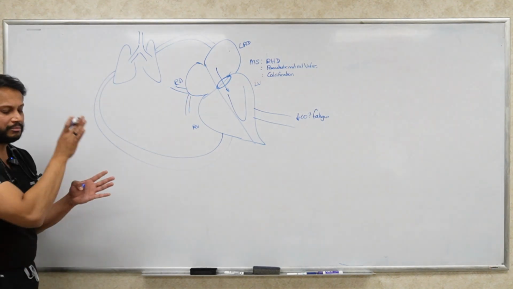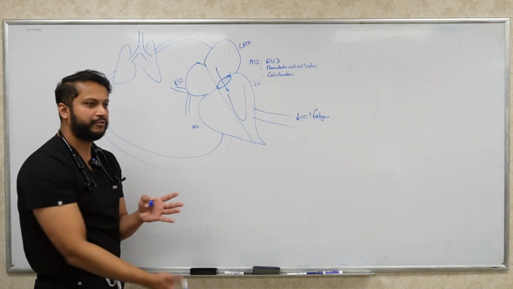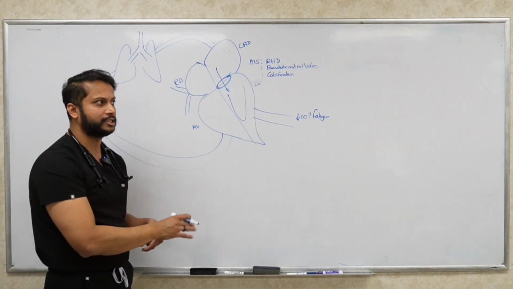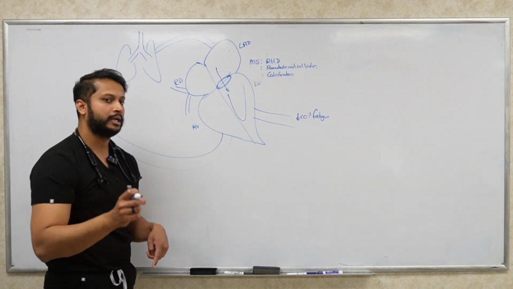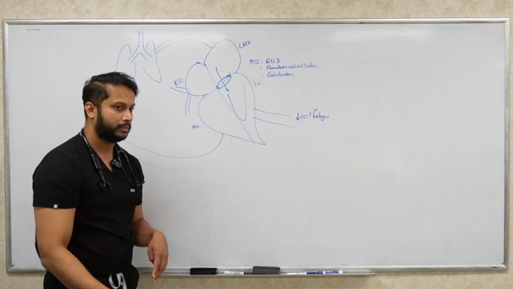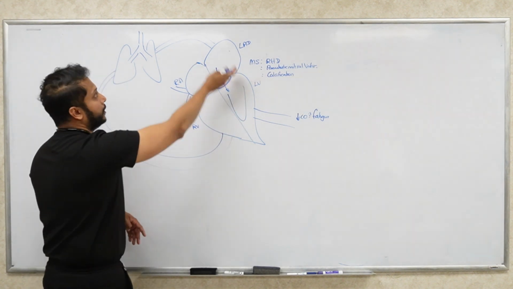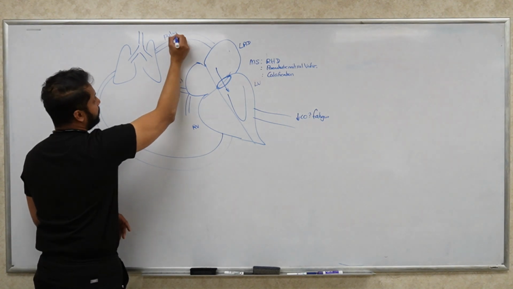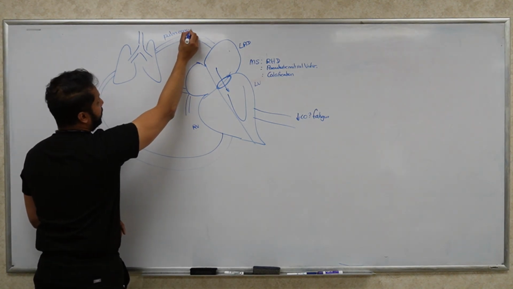So remember, if something is not flowing forward, everything is going to backtrack and cause problems. The reason I want you to understand this is you don't ever have to memorize a symptom or a sign. So if blood is not going forward, you're going to end up with what? Pulmonary edema and pulmonary congestion.